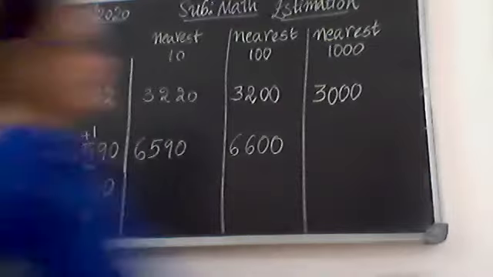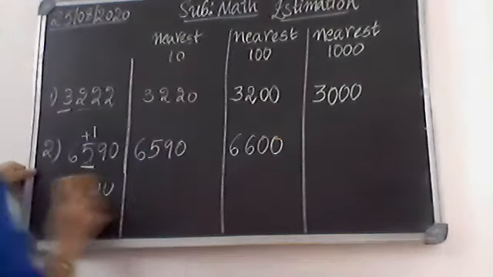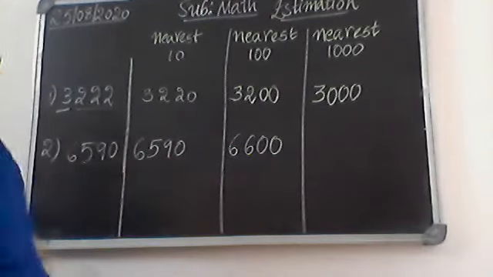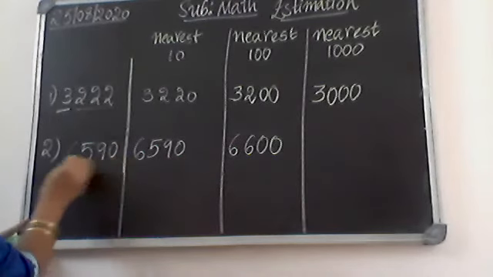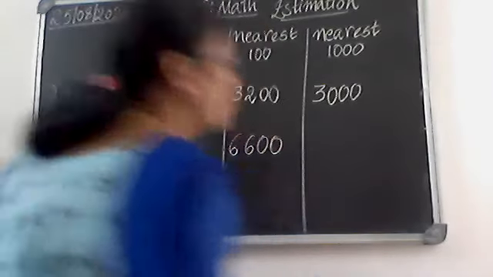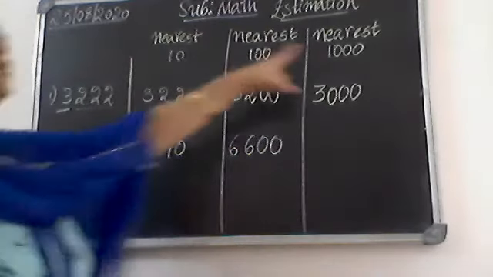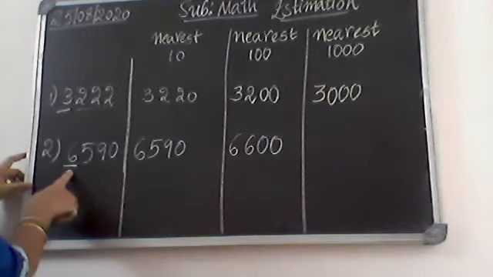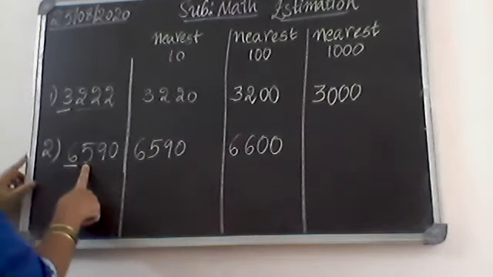So we will clean it up to avoid confusion. Now, which is the thousands digit? Ones, tens, hundreds, thousands. 6 is in the thousands digit. So what do we have to do in order to round off to the nearest 1000? You underline the number in the 1000 digit. Look at the front of it.